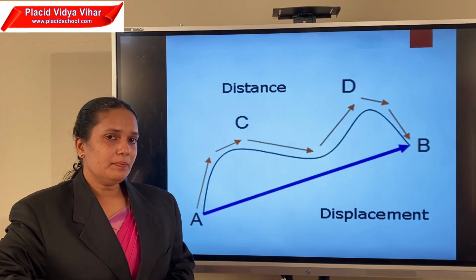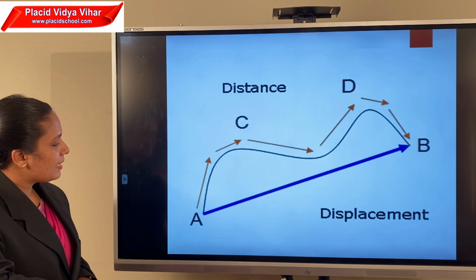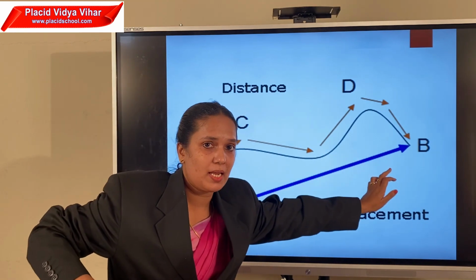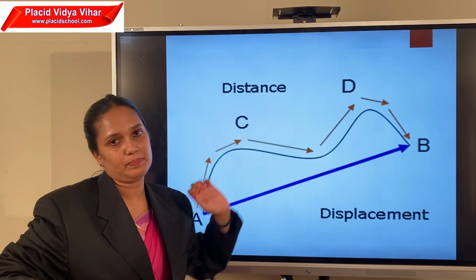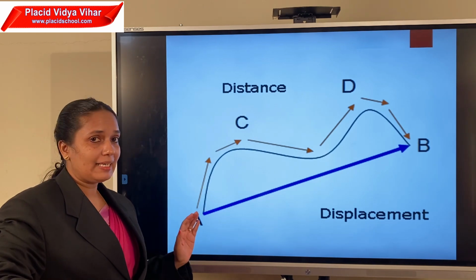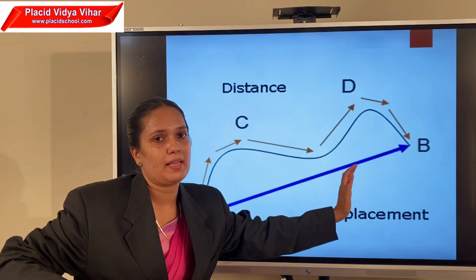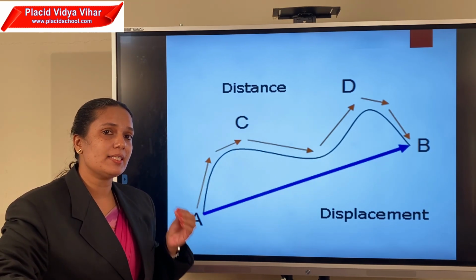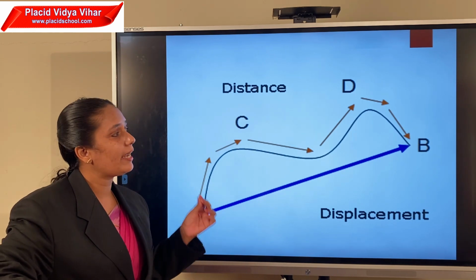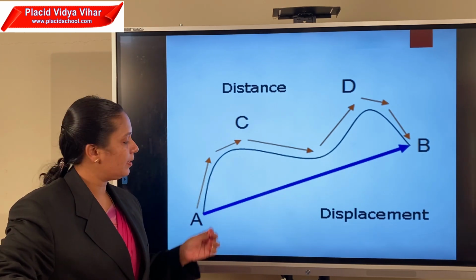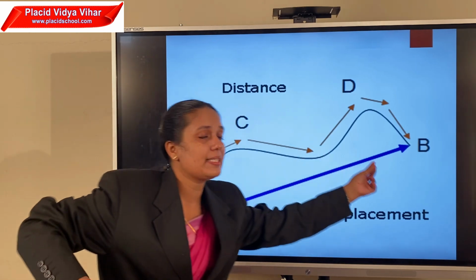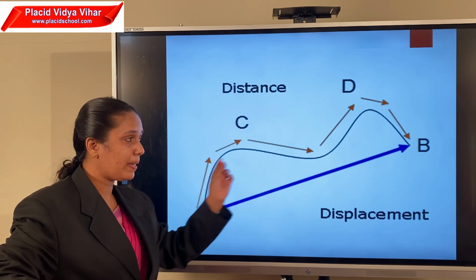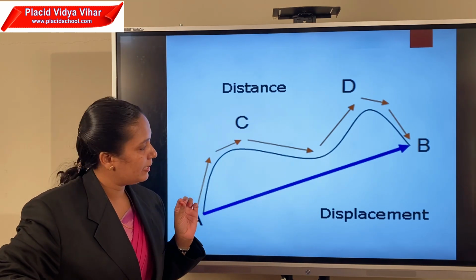So consider this figure. Here the object starts its journey from point A and finally it reaches point B through C and D. So here the path length ACDB gives its distance. So you learned displacement is the shortest straight line path between initial and final position. So in this picture, A is the initial position and B is the final position. So the straight line path AB gives its displacement.